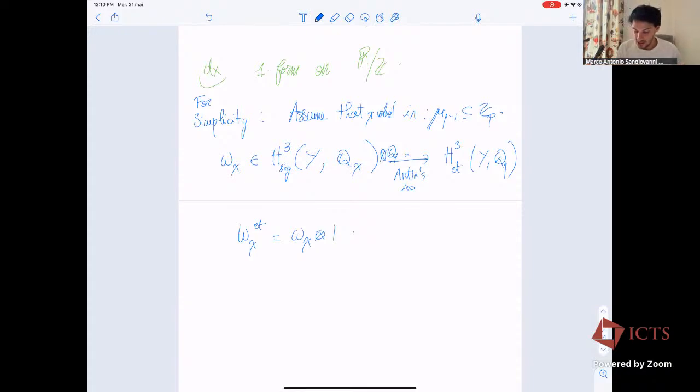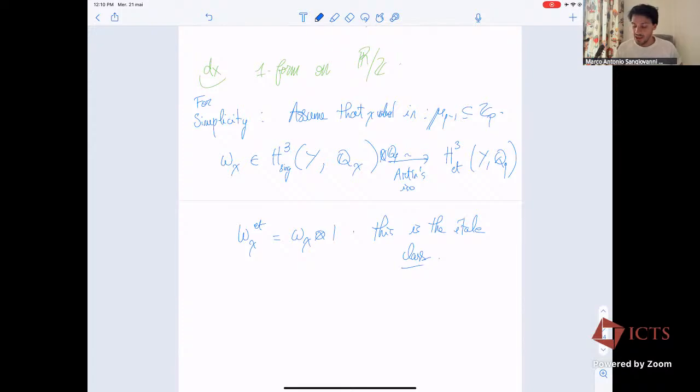Okay, this is my étale class, that in Chris's talk he also denoted by omega chi étale. And it's the key to constructing the Euler system, this étale class.